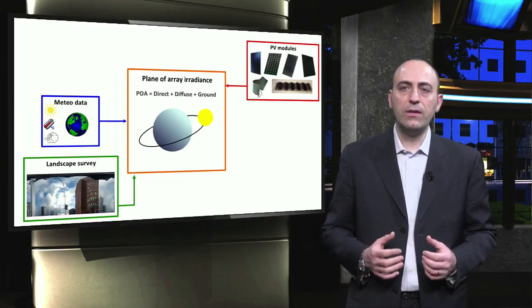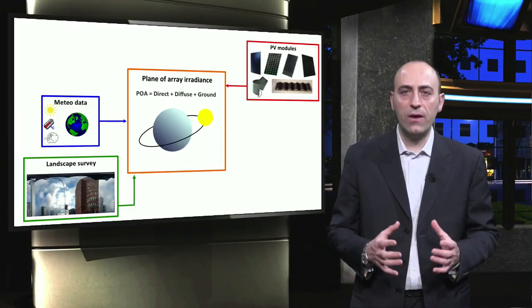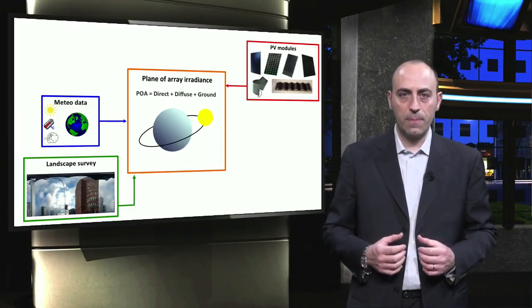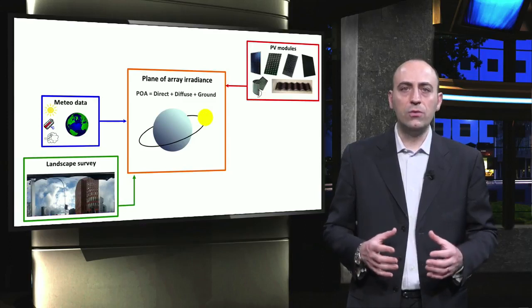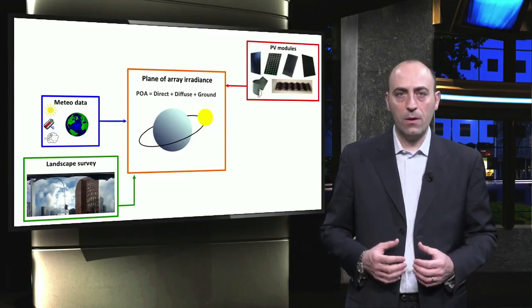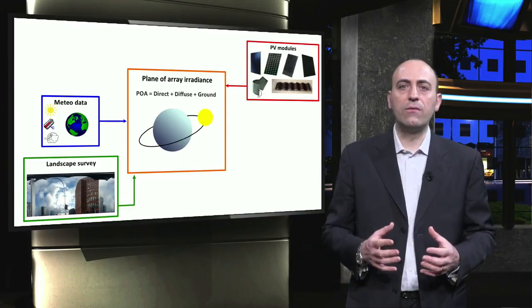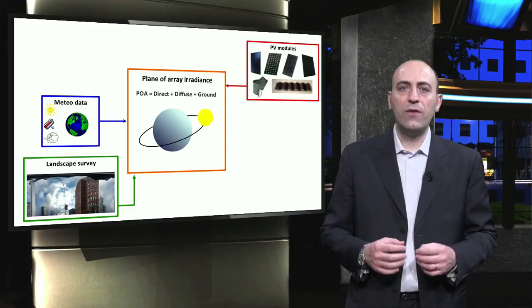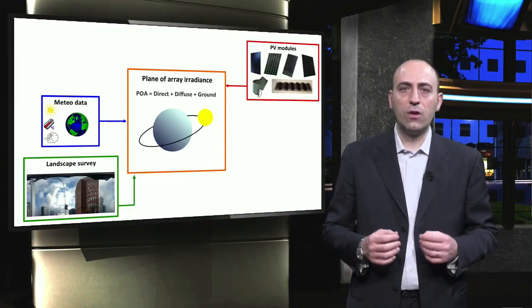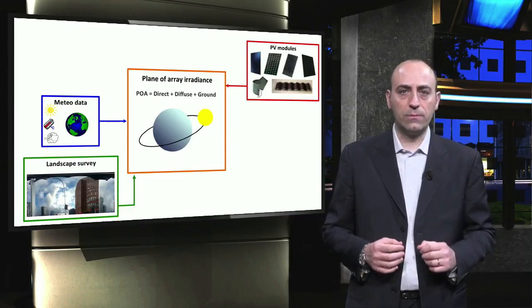The plane of array irradiance is a combination of direct, diffuse, and ground irradiance. It varies throughout the day due to the movement of the sun in the sky. By estimating the plane of array irradiance for a given module tilt angle and orientation, we can find the optimal tilt and orientation for a PV system in any location.